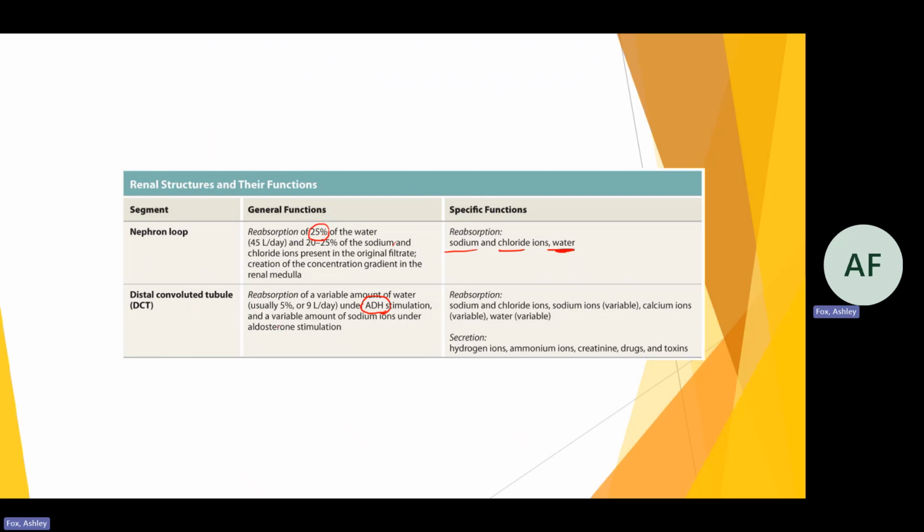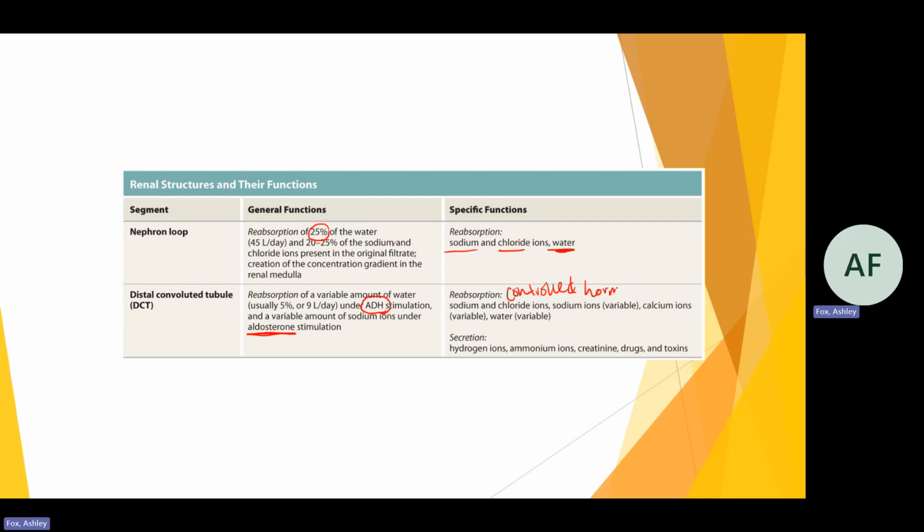Again, we'll look at that a little later. We can also have a variable amount of sodium ions because of the hormone aldosterone. That's going to change our reabsorption of sodium in that area as well. So we have a lot of variability in the reabsorption in the distal convoluted tubule because it's controlled by hormones.